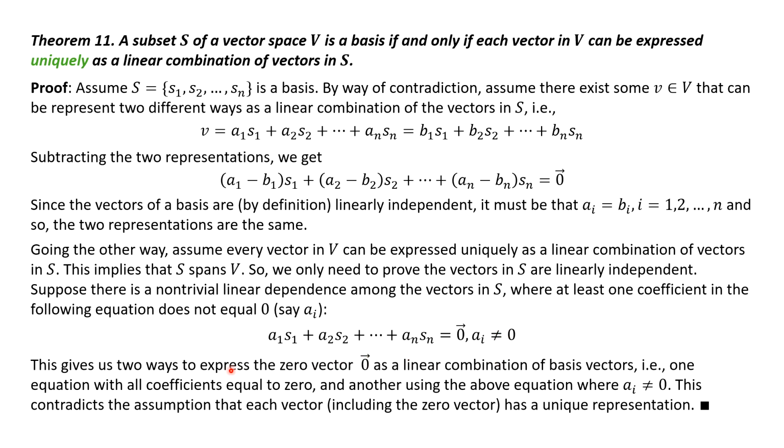But that gives us two different ways to represent the 0 vector. We can represent the 0 vector like this, where we have an a_i that's not equal to 0. And then we could also represent the 0 vector where all of the coefficients of the vectors in S are 0. That contradicts the uniqueness part, so that can't be the case. And so the vectors in S must be linearly independent.